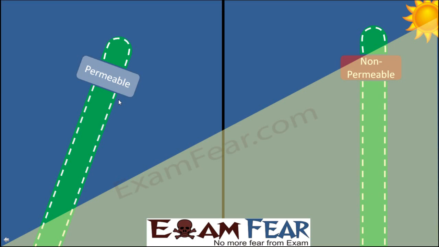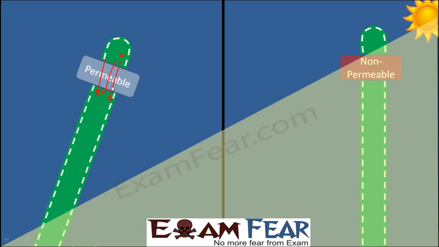From this experiment it was proved that there is something in the tip which is passing on to this region, right? And when that something passes on to this region, only then it bends towards sunlight, right? Because in the other case, whatever was there in the tip could not pass to this portion, so it did not bend, but here it could bend.